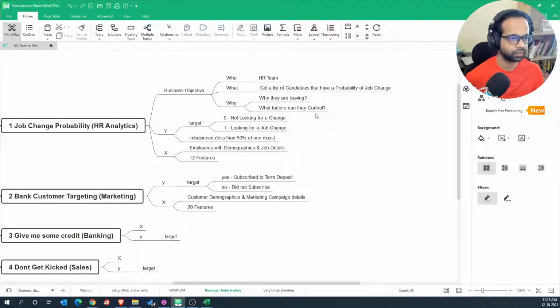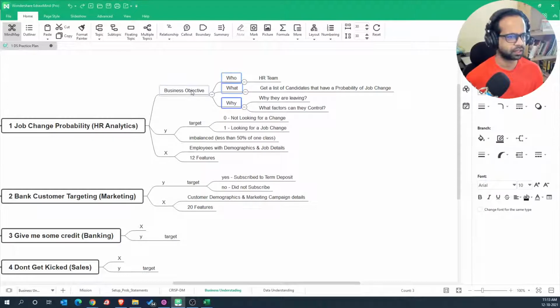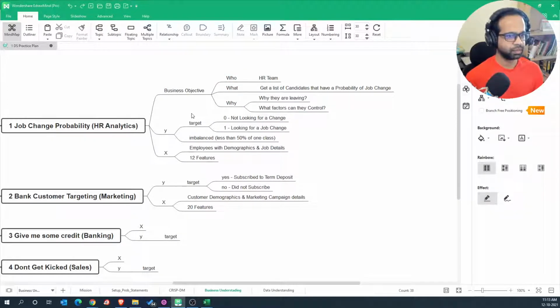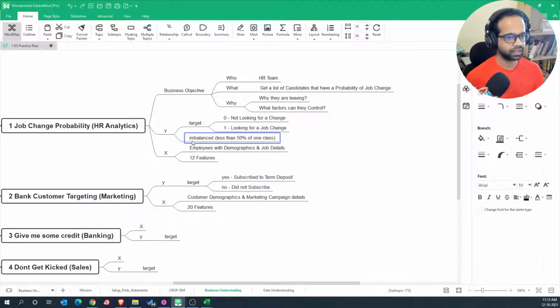These are some of the things that can be driven as a business objective, and so we will definitely build a model that will help us do this. And since it's an imbalanced data set, we are going to take care of that imbalance while we are doing the problem statement also.